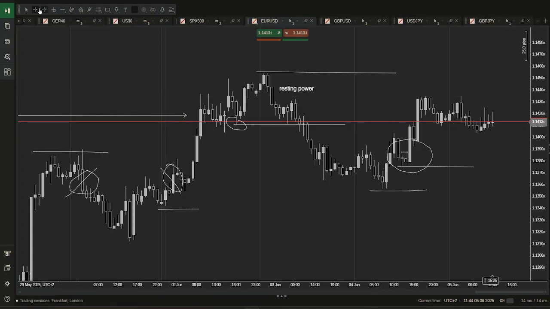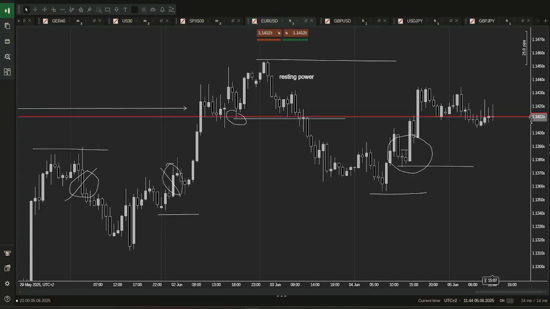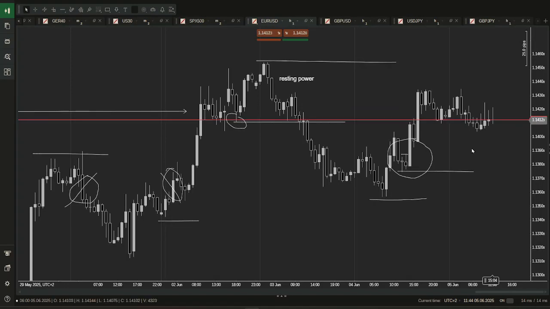Okay, whatever, it's the same. And we start going down. So I'm looking for shorts, and that didn't happen. I think the stop was moved to break even. Anyway, but my point is this.